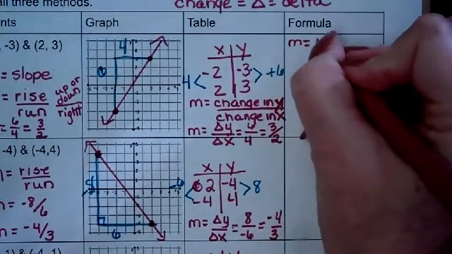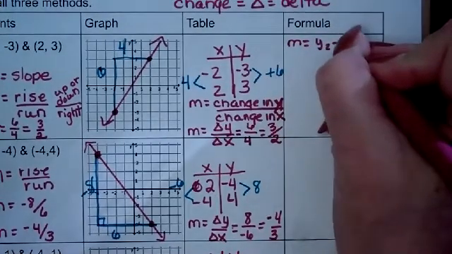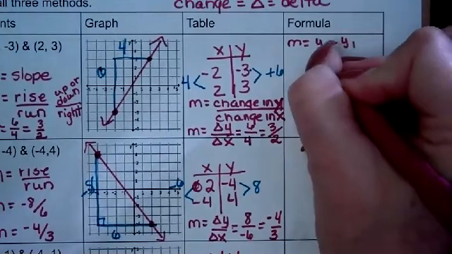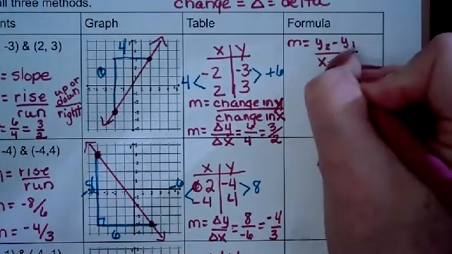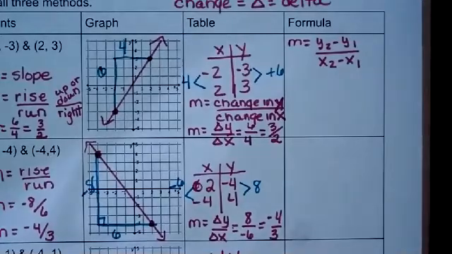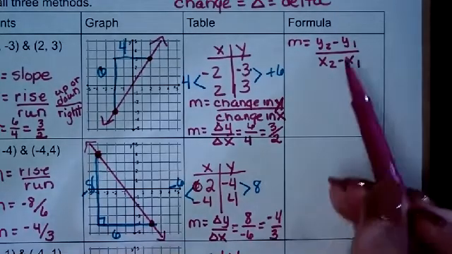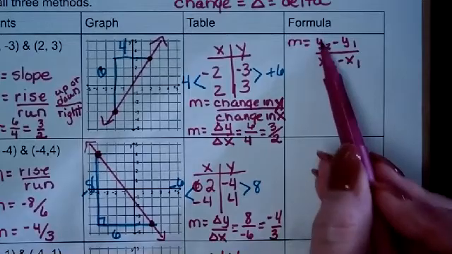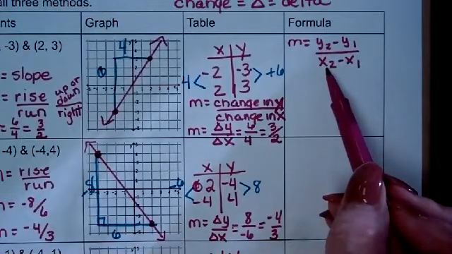It says y sub 2 minus y sub 1 over x sub 2 minus x sub 1. Okay, now we know those subscripts just denote your first pair of x's and y's. The 2's mean that comes from your second ordered pair of x's and y's.